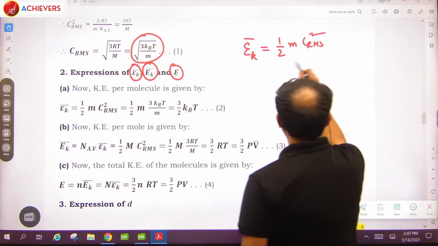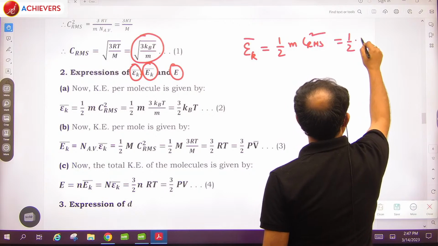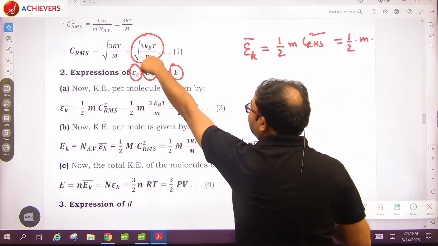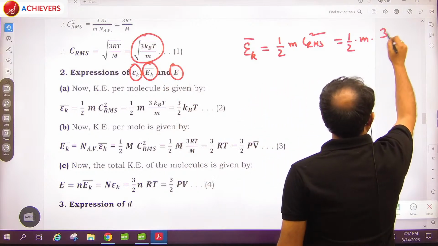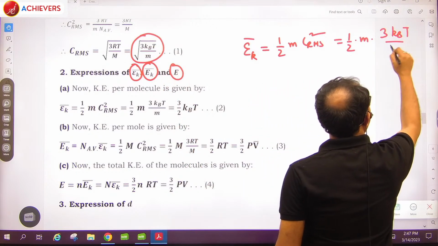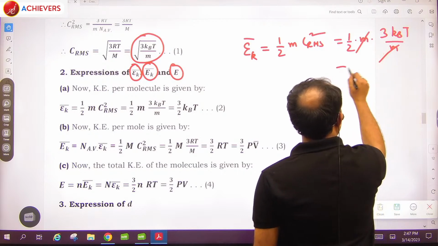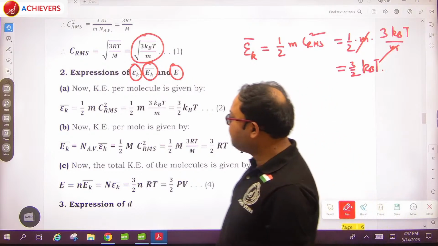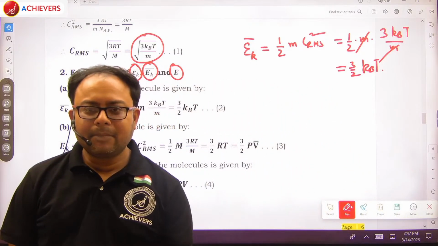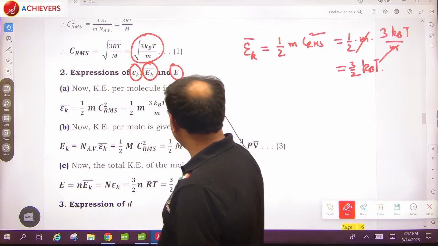So just do one important thing. Half into m into, just take the square of this square root. So the square root will get cancelled out. We get 3 kBT by m. m will get cancelled out. So it becomes 3 by 2 kBT.